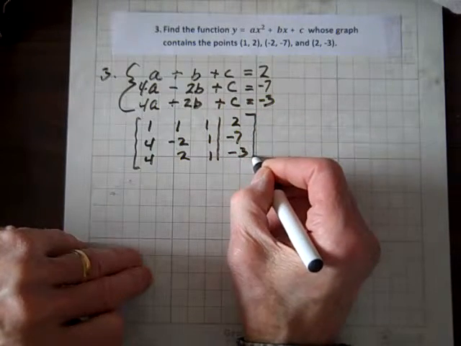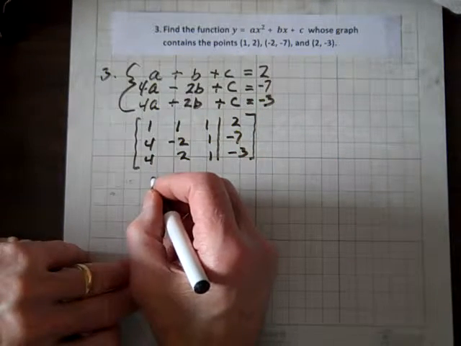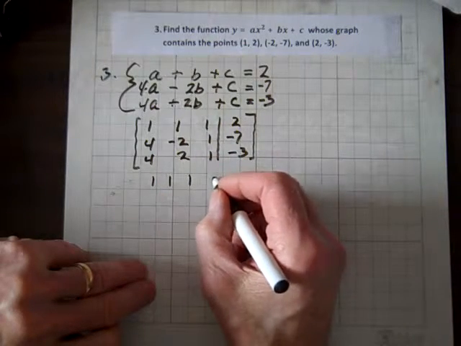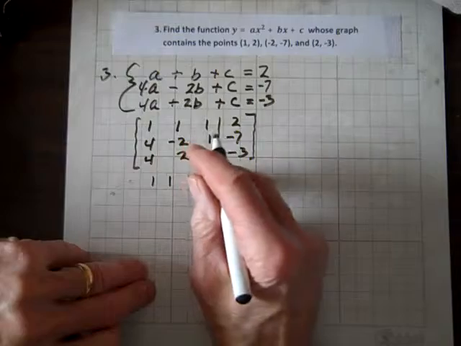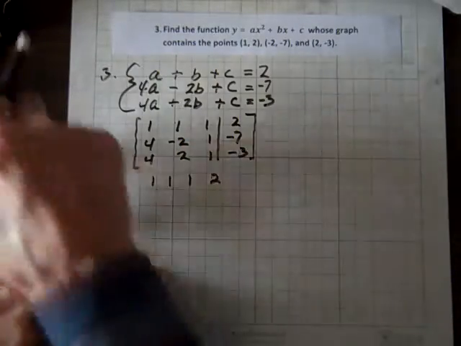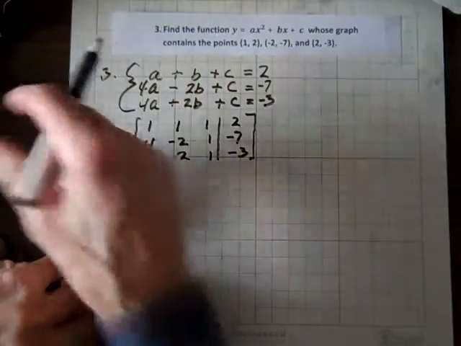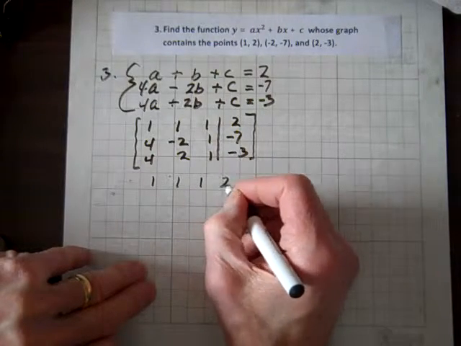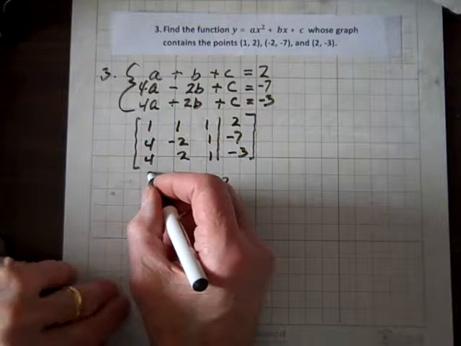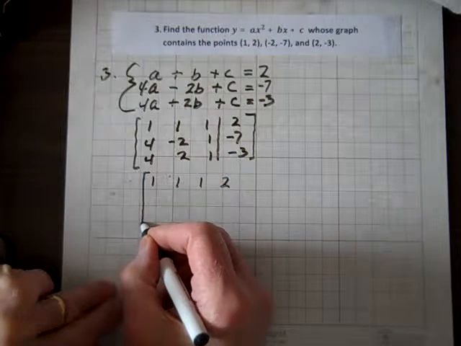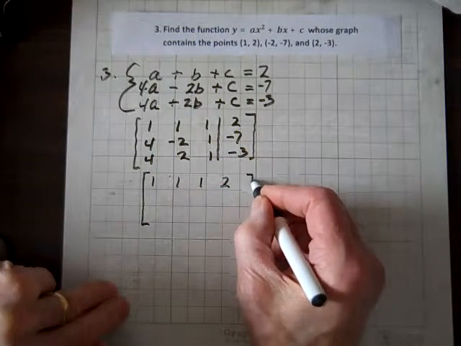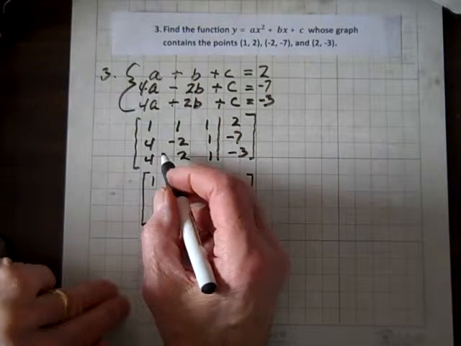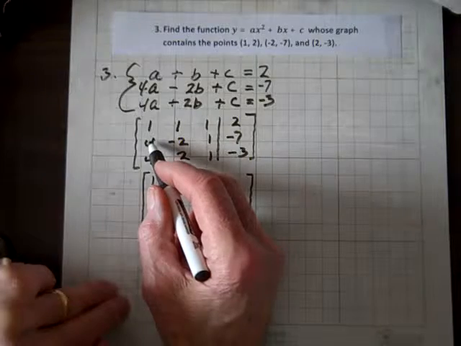And now, the first row never changes. 1, 1, and 2. In fact, let me give myself a little more room there. 1, 1, and 2. And we want to eliminate that 4, get a 0 there.